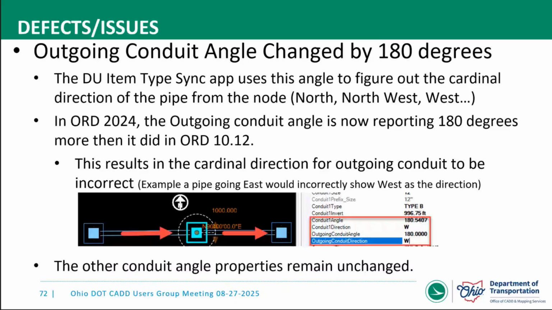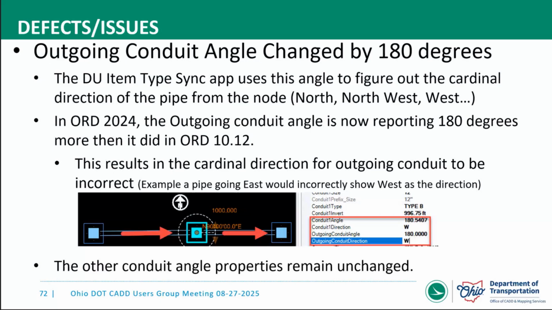Another one that you guys probably haven't even noticed, but if you're working on it, you probably want to go and check the outgoing conduit angle. So when you're using the DU item type sync app, you know how it's putting in the direction for you. It's calculating whether this pipe is going north from this node. So that is using the conduit angle property. On a node, you have those conduit 1, 2, 3, 4, 5 and outgoing properties, the connected pipe properties.